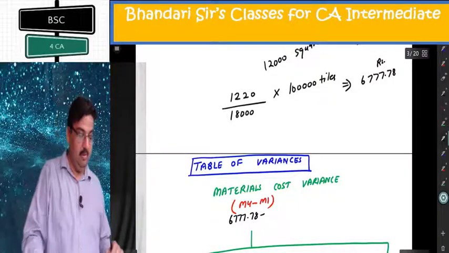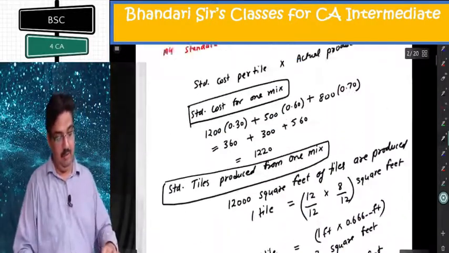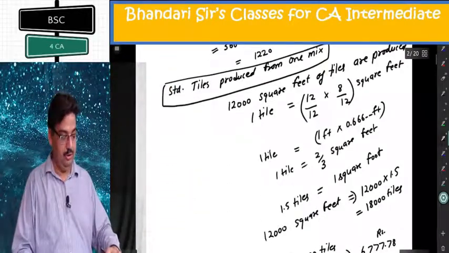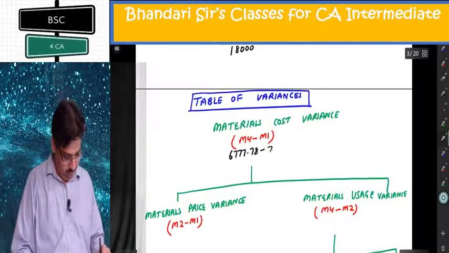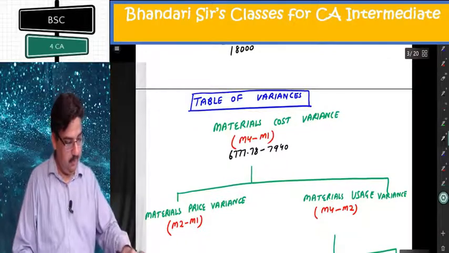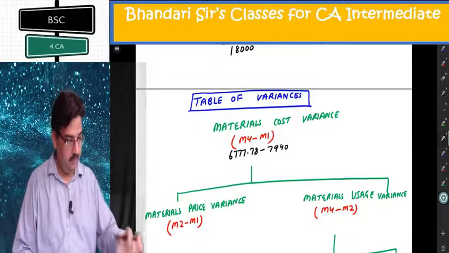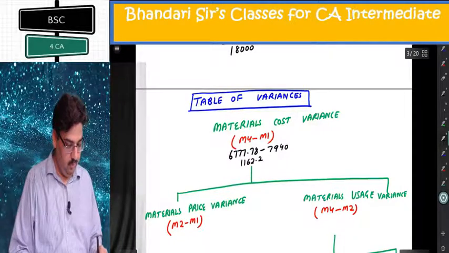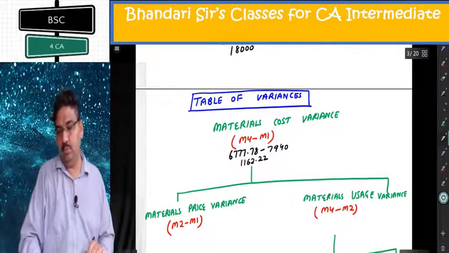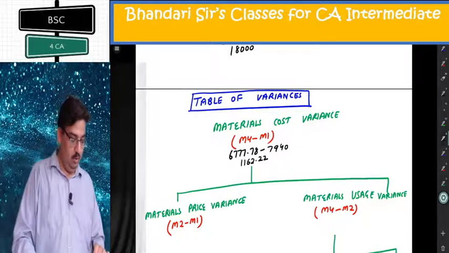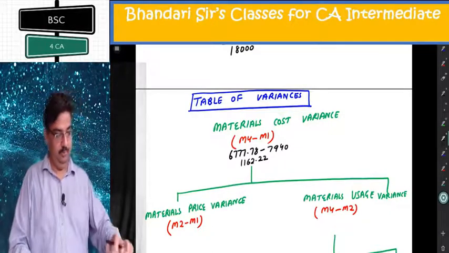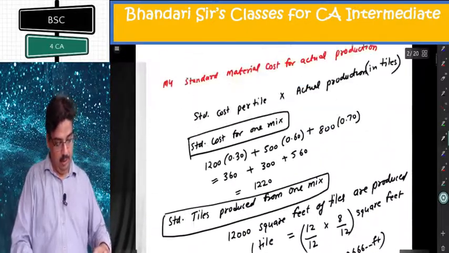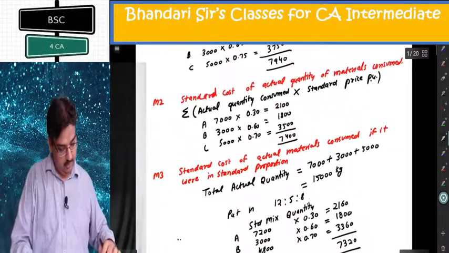6777.78 minus M1 7940, I am getting 1162.22. Similarly, M2 here is 7400.